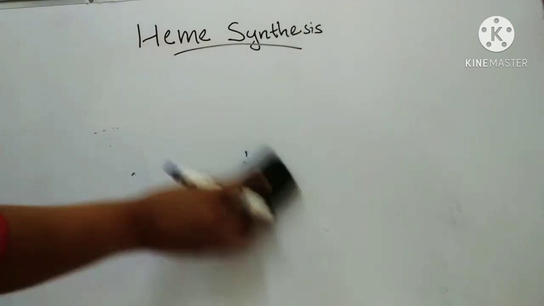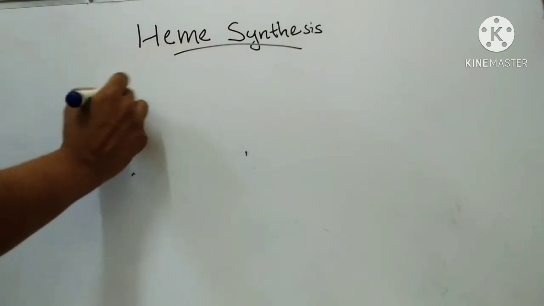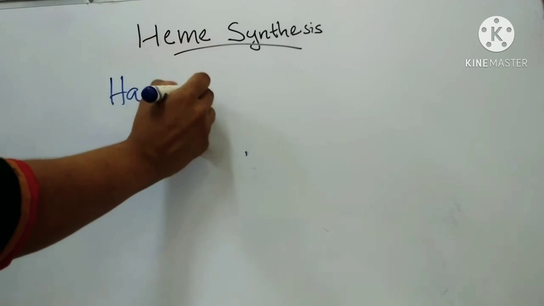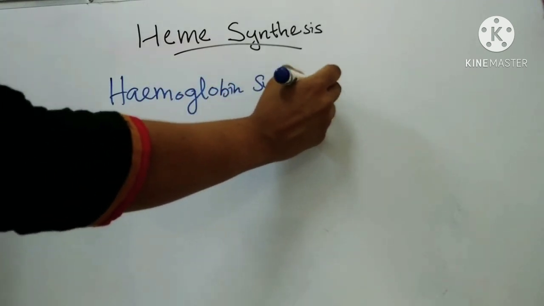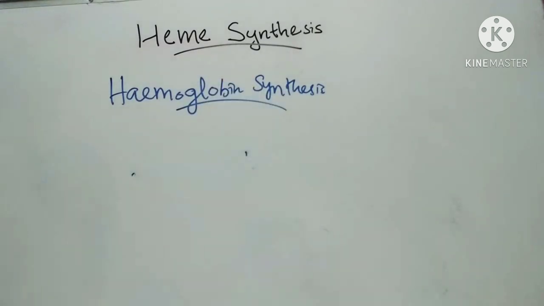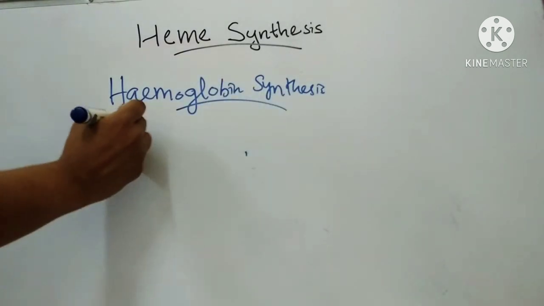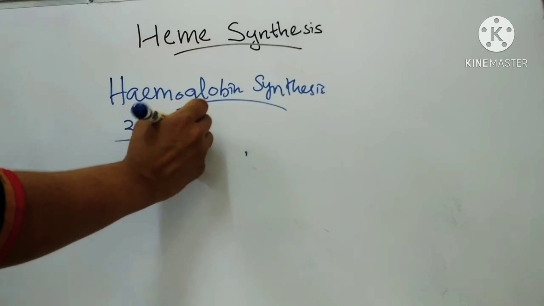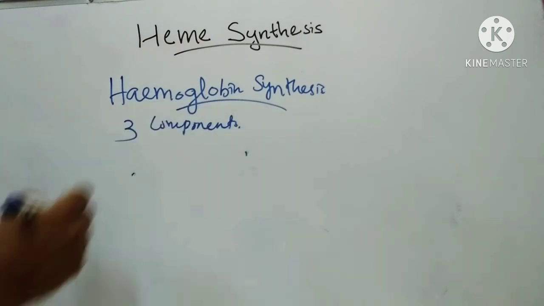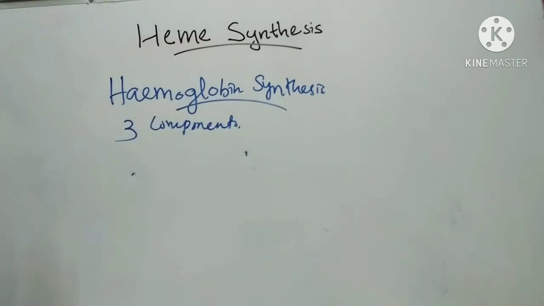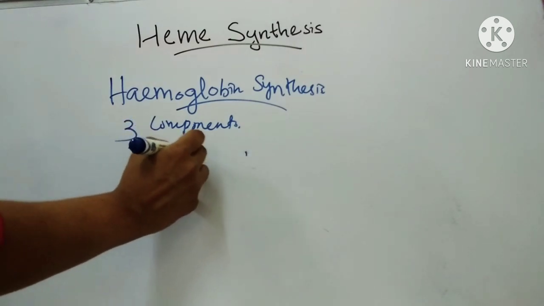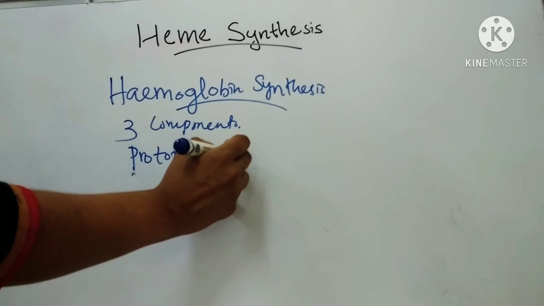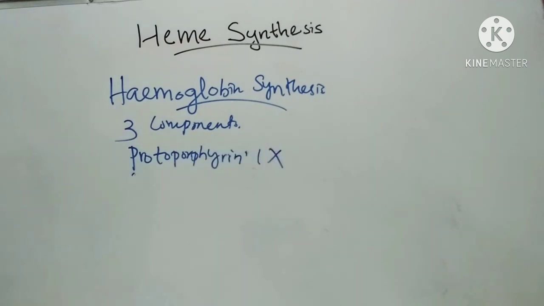Next, we will see the synthesis of hemoglobin. Coming to hemoglobin synthesis, 3 components are required. First one is protoporphyrin IX.